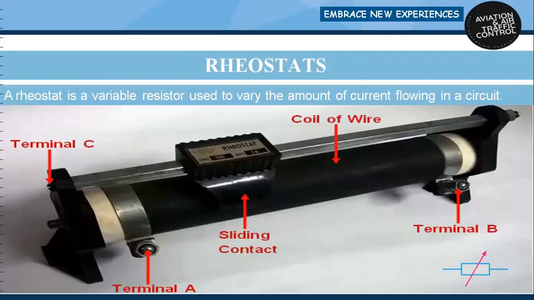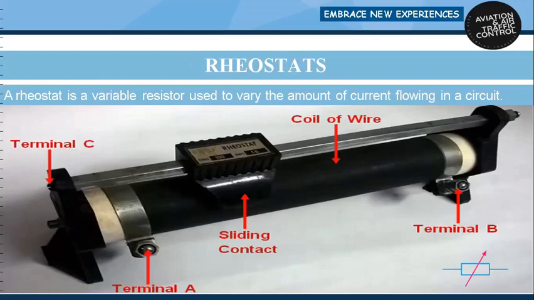Rheostats. A rheostat is a variable resistor used to vary the amount of current flowing in a circuit. As the slider arm moves from point A to B, the amount of rheostat resistance, which is AB, is increased.